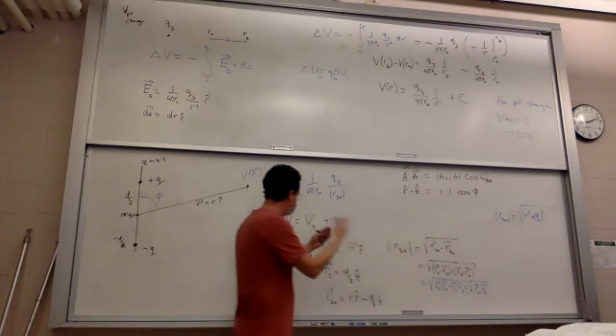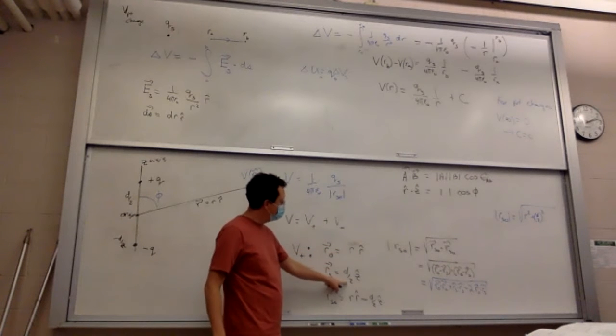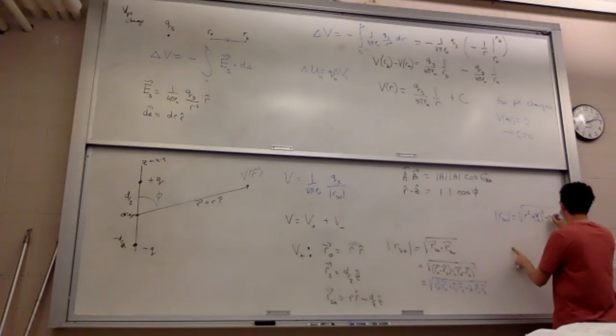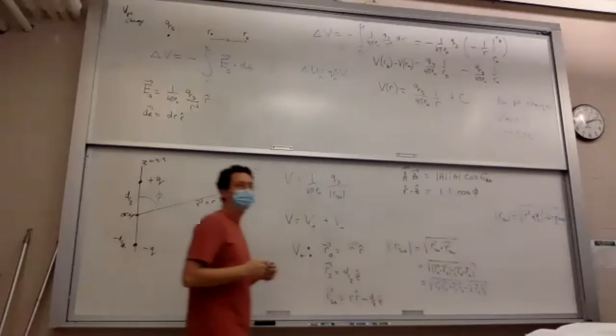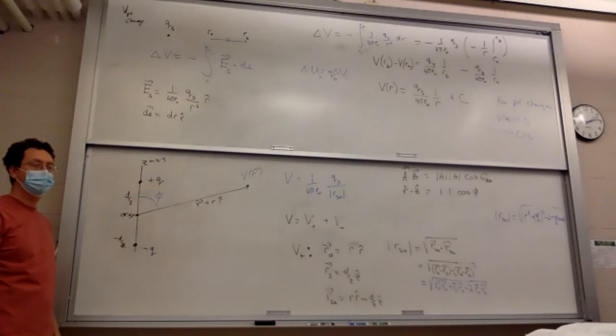You take the dot product, so that's R times D over 2 times the cosine of phi, with a minus sign. It's kind of gross, it's just what it is. If we work it out in Cartesian coordinates, I can assure you it's even grosser.